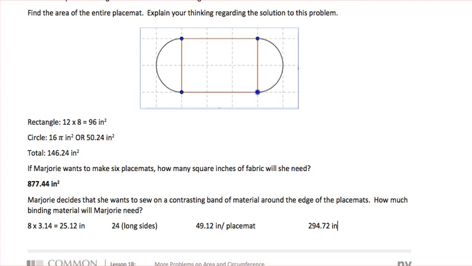So what she really needs is 8, and I'll round to the nearest hundredth, 8.19 yards. And she would want to make sure that she rounded up a little bit. So more than likely, when she goes to the store, she'll need to make sure that she gets 9 yards of binding material in order to complete the project.